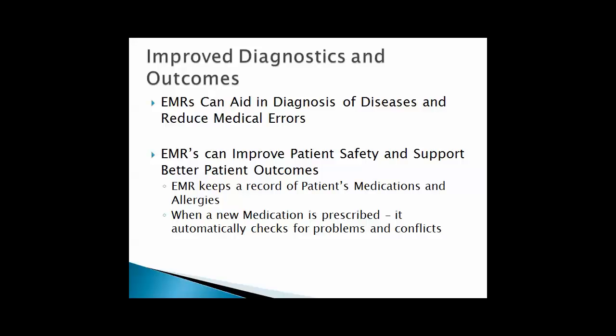When a new medication is prescribed, it automatically checks for problems and conflicts, such as a medication to medication problem or a medication to allergy. Sometimes a patient's allergic to certain medications. This is done by the EMR, alerts pop up, and it prevents a lot of medical errors.